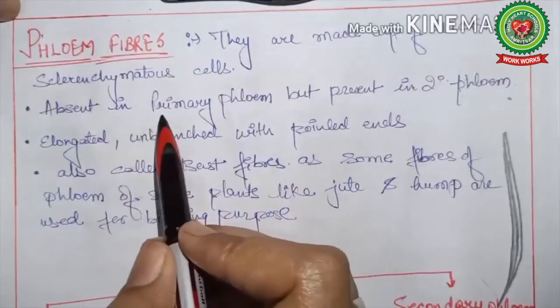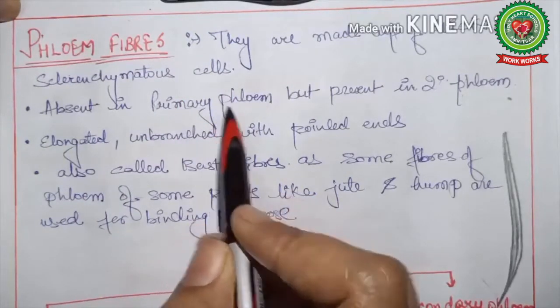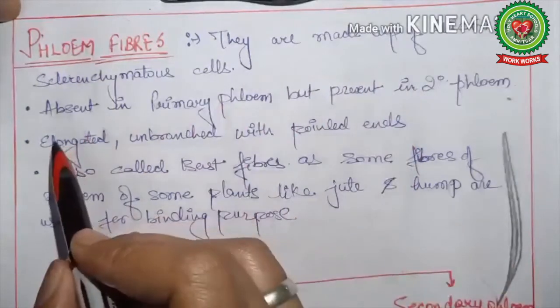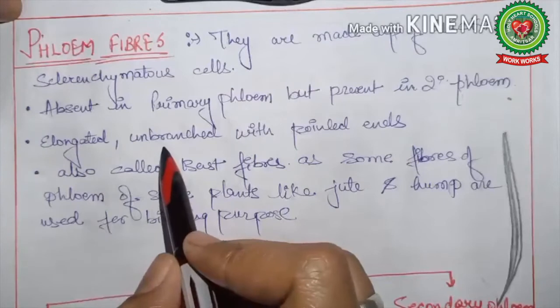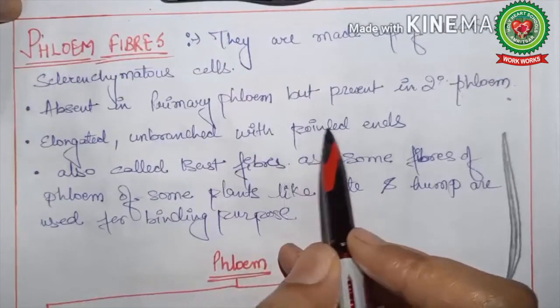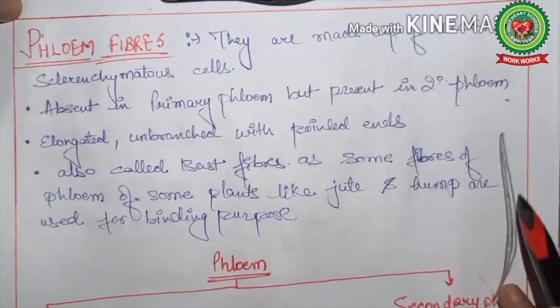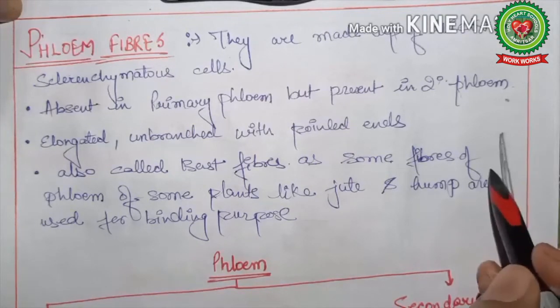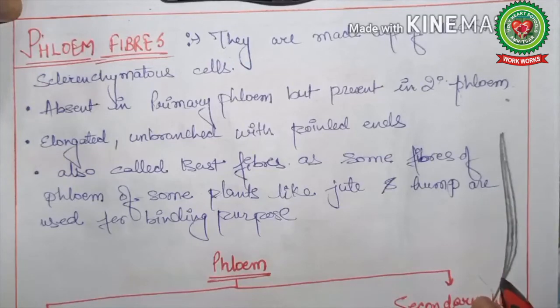They are absent in primary phloem but present in case of secondary phloem. These cells are elongated and branched with pointed tapering ends. You can see here these cells are elongated ones with the narrow diameter and pointed ends.